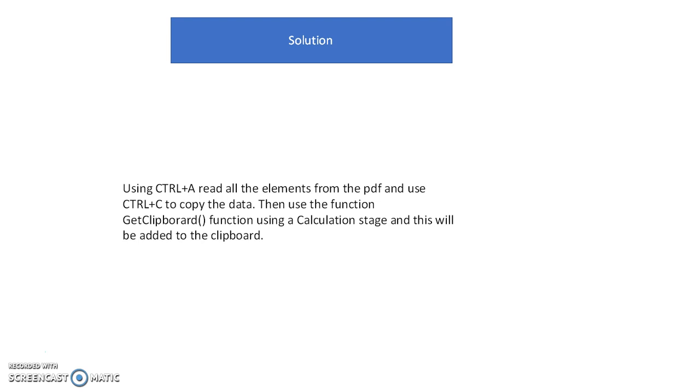Then you use the Get Clipboard function in a calculation stage. What is the use of Get Clipboard in the calculation stage? It adds whatever you copied from the PDF to the clipboard using the Get Clipboard method.